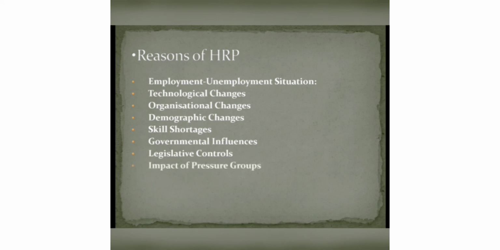Coming to the next, impact of pressure groups. Pressure groups such as unions, politicians, and NGOs, displaced from land by the location of giant enterprises, have been raising contradictory pressures on enterprise management, such as internal recruitment and promotions, preference to employees' children, displaced persons, sons of the soil, etc. Do you remember the Assam tea case?